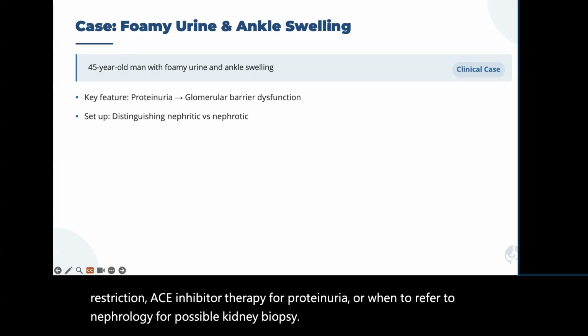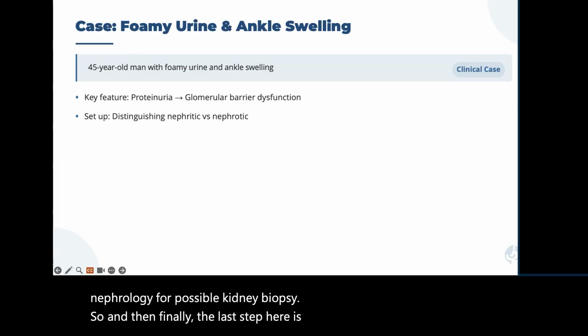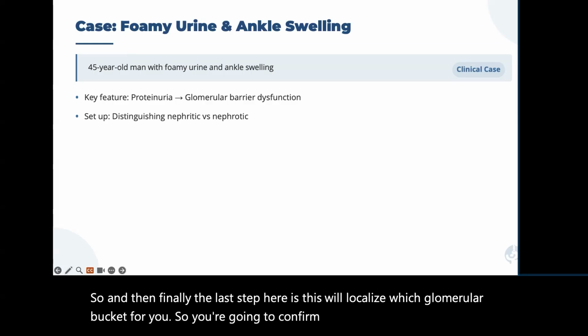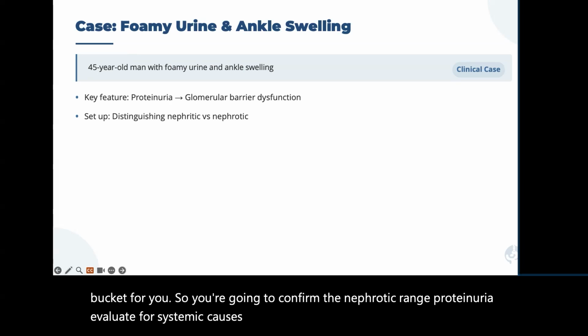And then finally, the last step here will localize which glomerular bucket you're dealing with. You're going to confirm the nephrotic range proteinuria and evaluate for systemic causes before labeling it idiopathic. You can have idiopathic proteinuria.